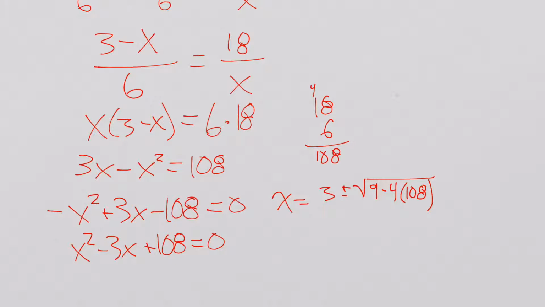The answer key is incorrect. It mistakenly thought that that 108 right here was negative, which then would have made it factorable. But it's not, so this thing, let's just say, has no real solutions, and I'm not going to find the imaginary ones.